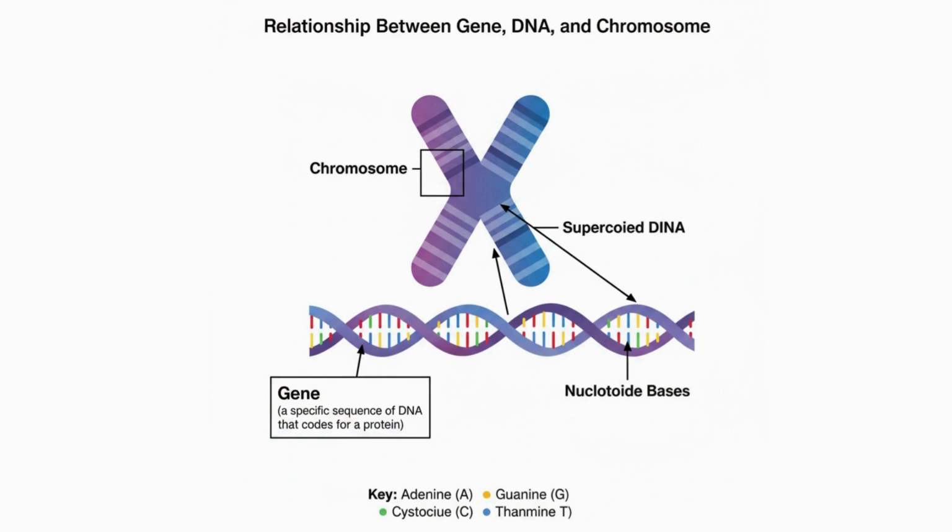In the DNA, a short segment is known as a gene, which consists of the genetic information. So this picture represents the relationship between the genes, DNA, and the chromosome. So this is all about the relationship between DNA, genes, and chromosomes and their important roles in heredity. Thank you so much.